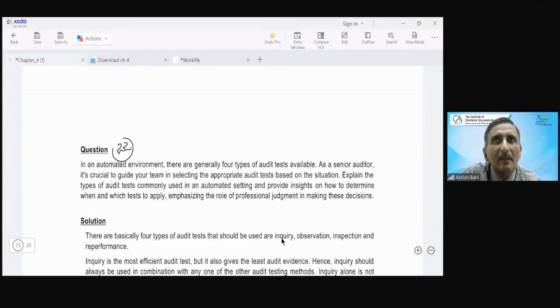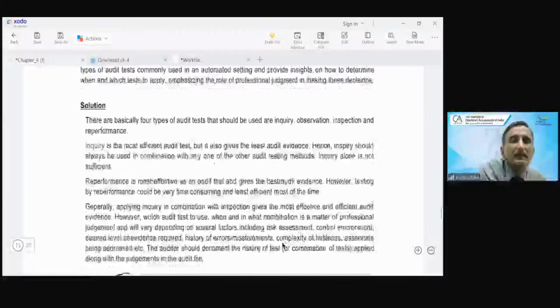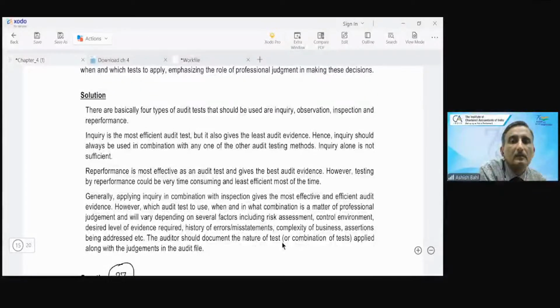Obviously, the tests are the same, which are done in the manual environment also. So as you know, inquiry is one of the tests.